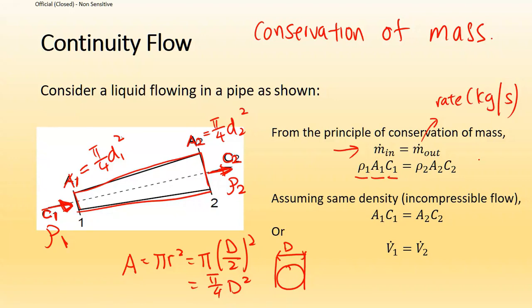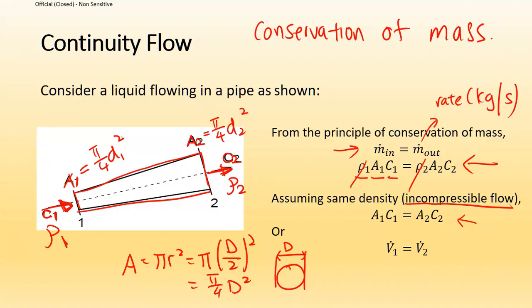So therefore, we start off with m dot 1 equals m dot 2. We assume that the density of the water coming in is equal to the density coming out. This is what we call incompressible flow. If that's the case, we can cancel away rho 1 and rho 2, and we are left with A1C1 and A2C2.